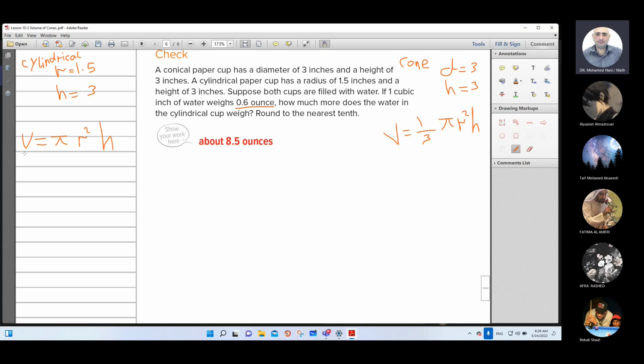If you want to compare between the volume of the cylinder and the volume of the cone, you can divide between them. The volume of the cylinder, pi r squared h, and down here we have pi times 1/3 r squared h.